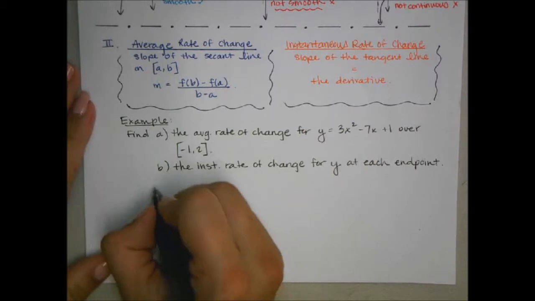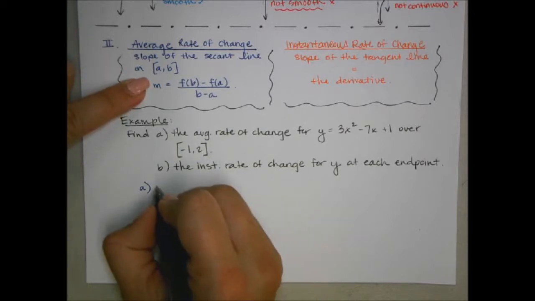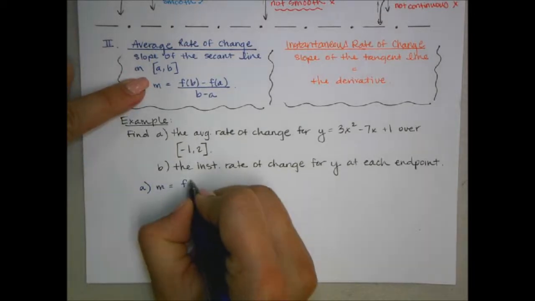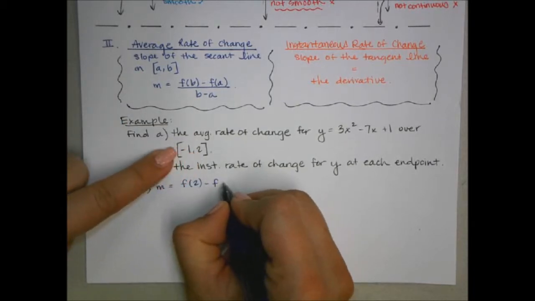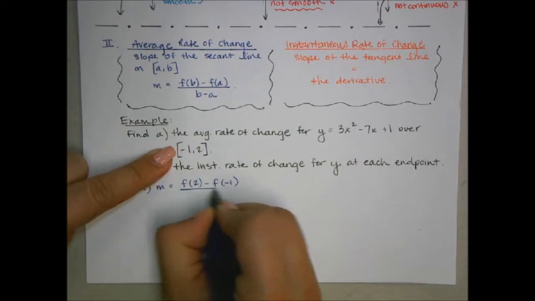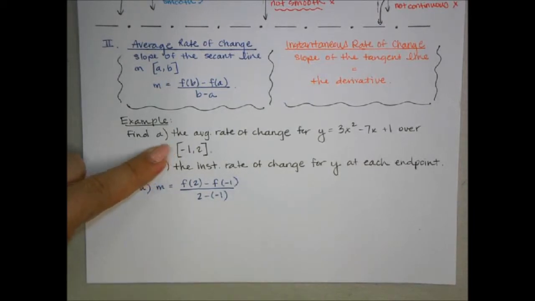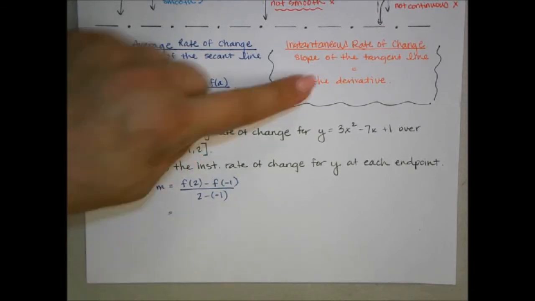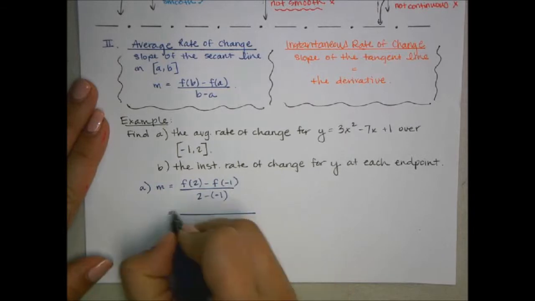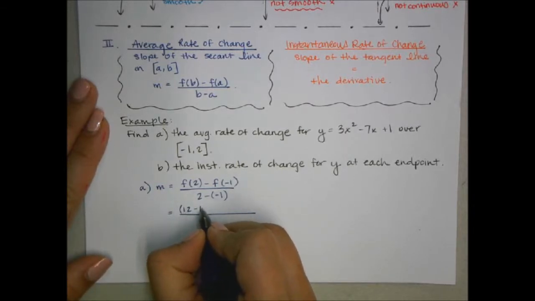So for part A, find the average rate of change. We're simply finding our slope, which is f of 2, that'll be b, minus f of -1 over 2 minus -1. We're just going to plug in these values here. So if we plug in 2 to our function, we get 12 minus 14 plus 1.